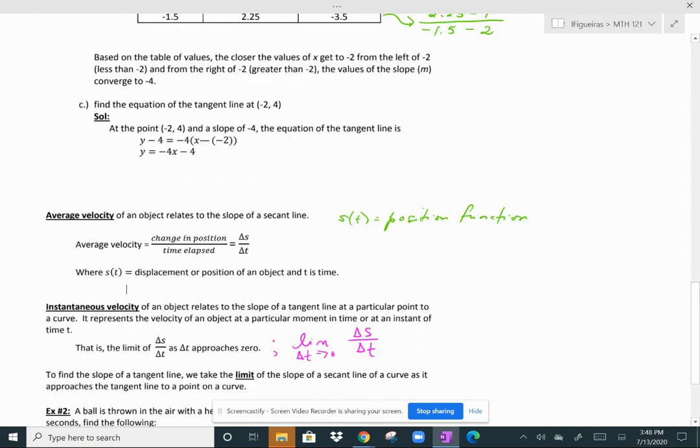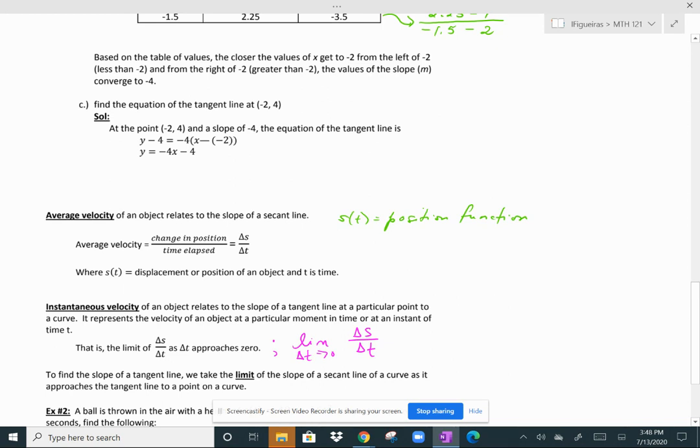Instantaneous velocity, so the thought process here is for you to think of instantaneous velocity similar to computing the slope of a tangent line. So in other words, what's your velocity at a single moment of time or at a single point on your trip?